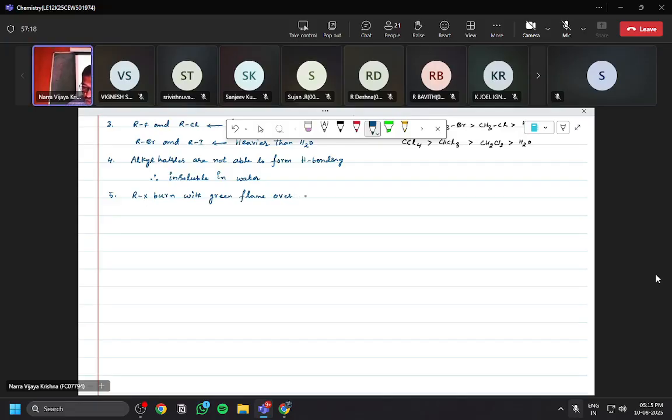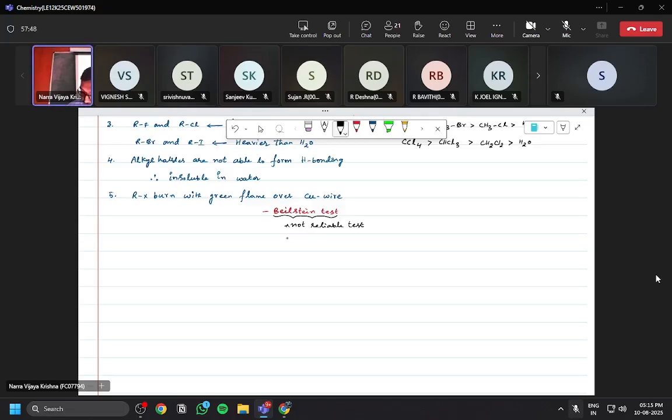RX burns with green flame over copper wire. We call this test the Beilstein test. This Beilstein test is not a reliable test.